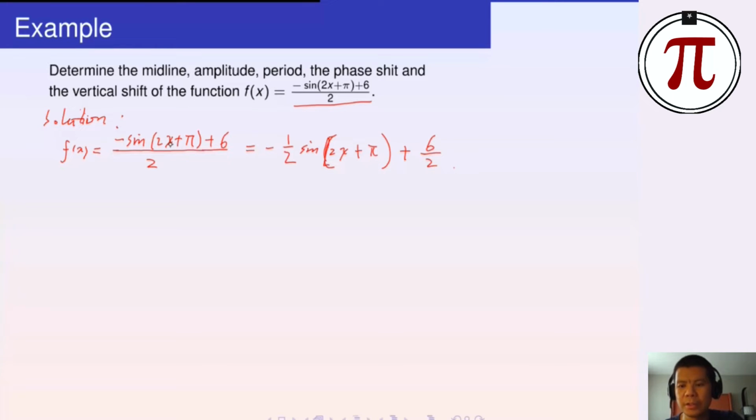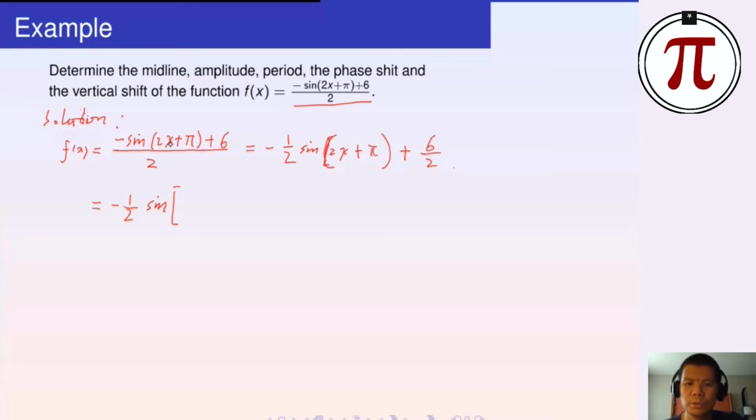Negative 1/2 sine(2x plus pi) plus 6 over 2, right? So now this equals negative 1/2 sine of 2x plus pi.